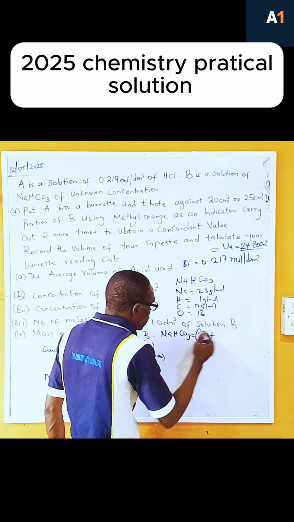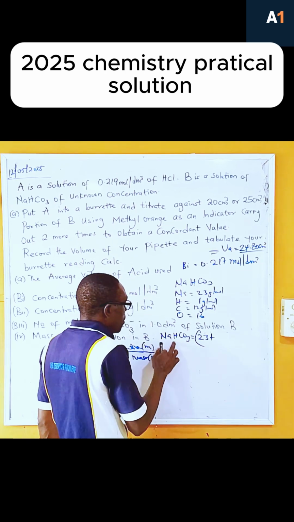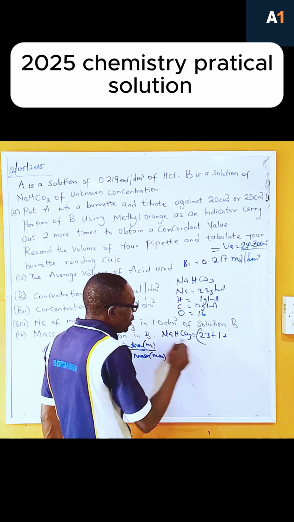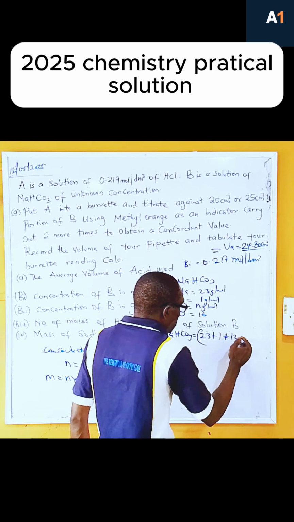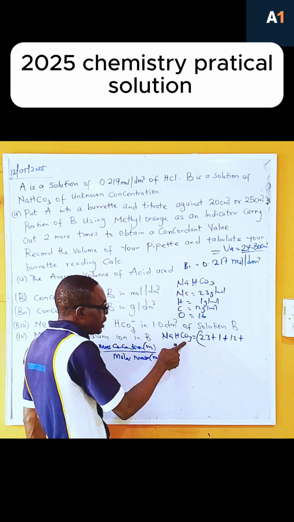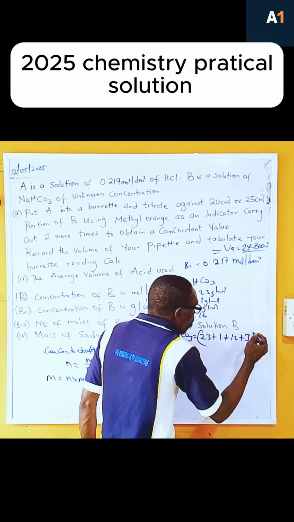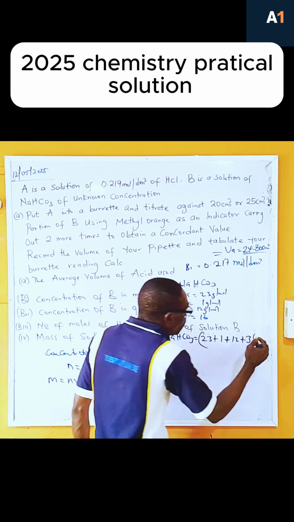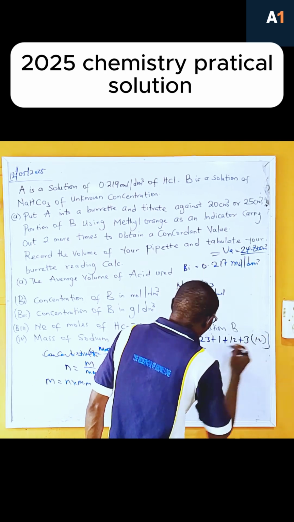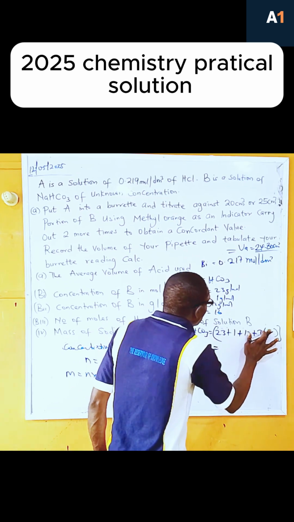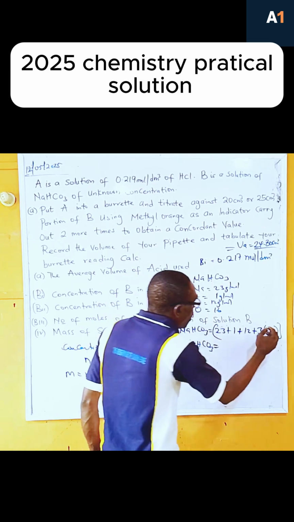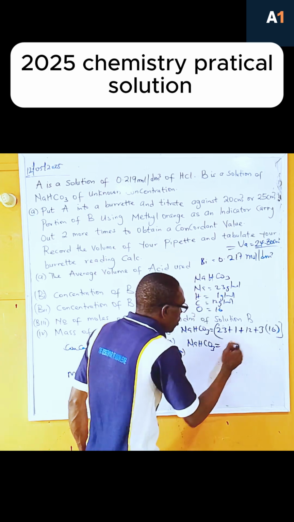We want to calculate the molar mass. So hydrogen is 1 plus carbon 12, then plus, because of this 3, 3 open bracket, what? Oxygen is 16, because it's O, it's oxygen, not 12. So we have 16 here. Now close the bracket.